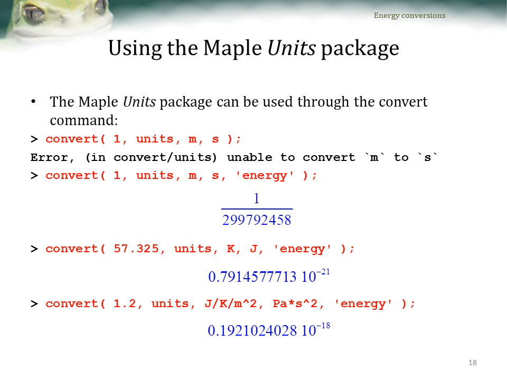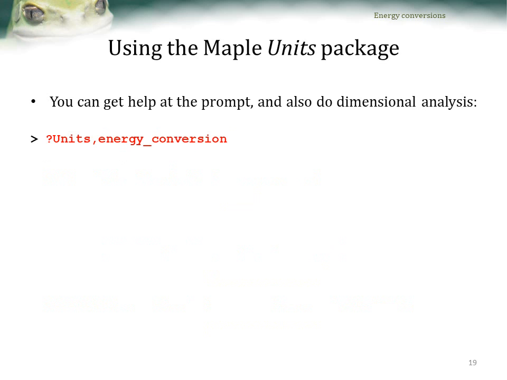Again, I'm not sure anyone will ever do this and need the result, but it can be done. And it does so using the ideas we discussed previously. In Maple, you can also get help about energy conversions by typing at the command prompt, help for units energy conversion.